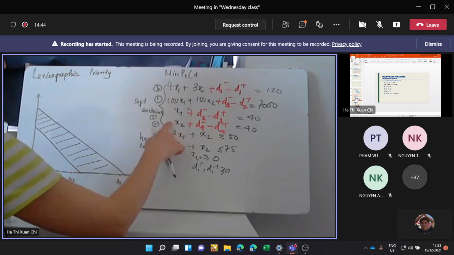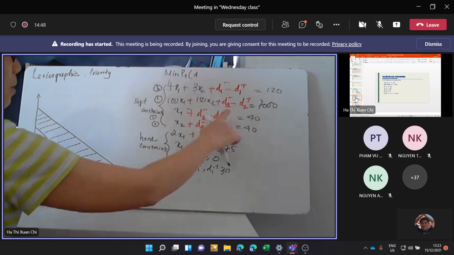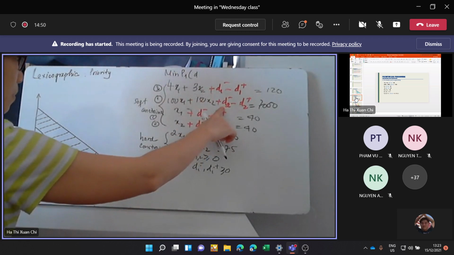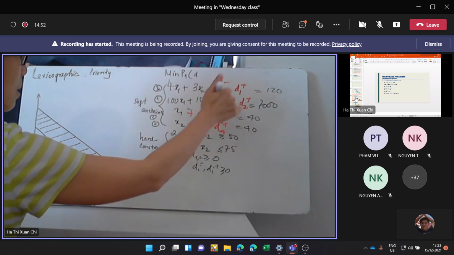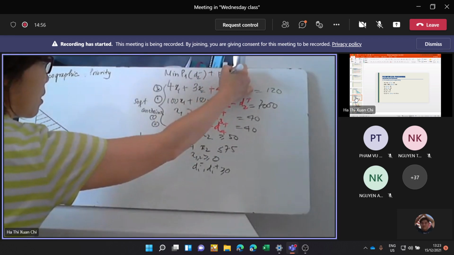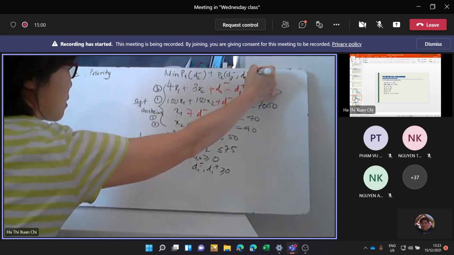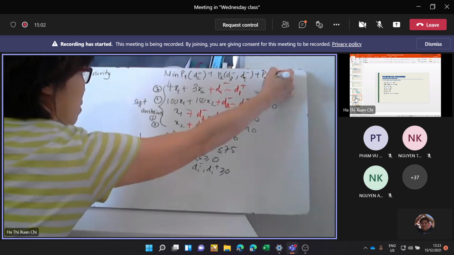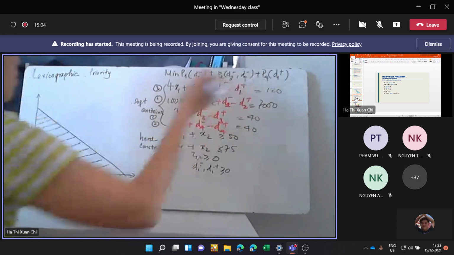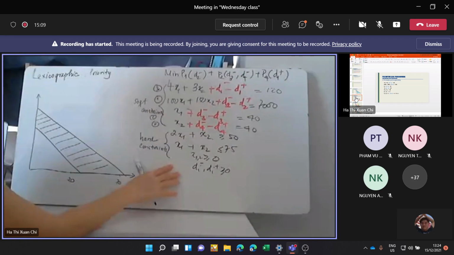This one is row number 1 and number 3. So number 1, you minimize D2 minus. You minimize D3 minus, D4 minus, and then you minimize D1 plus. You remember, everyone? That is the general goal programming for this problem.